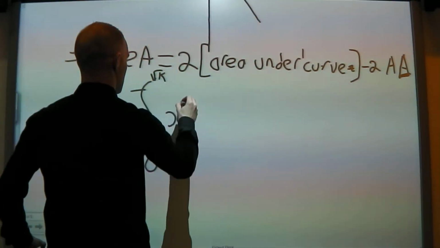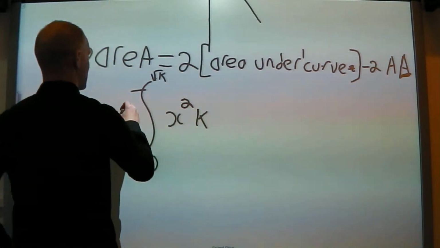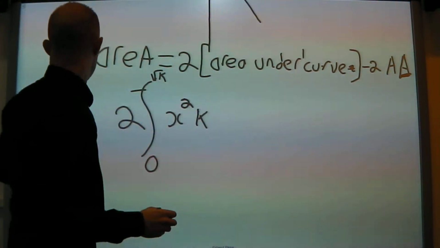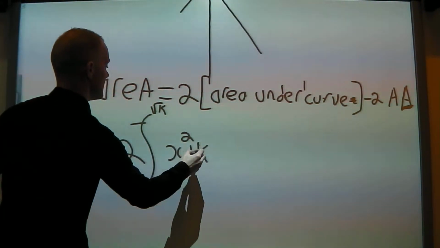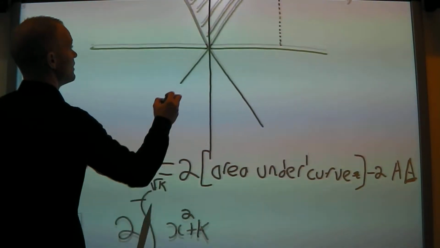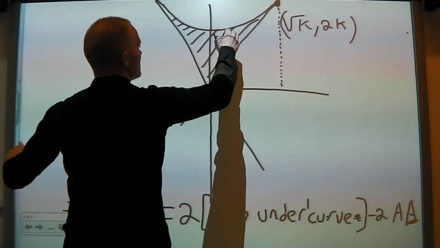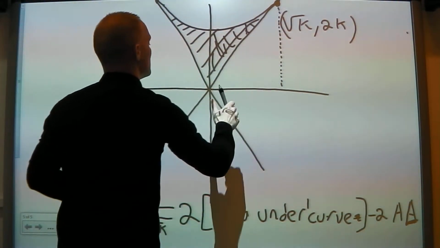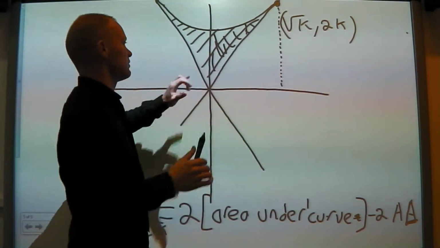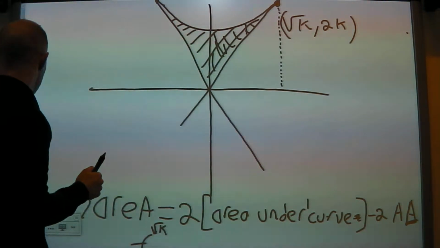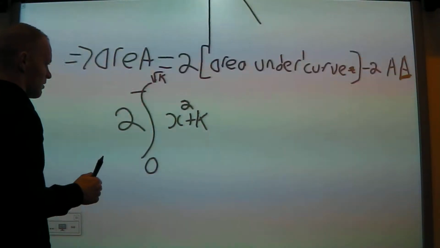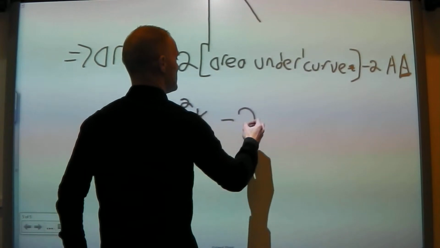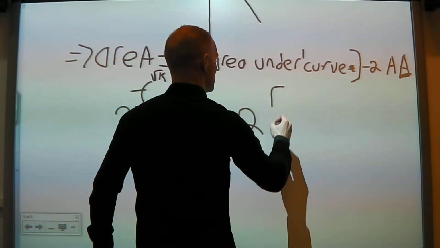So twice that: twice the integral of x squared plus k. Basically we're finding the integral of this shape here on the right hand side, and twice that is the area of all this underneath here. Then we have to subtract the area of the two triangles, which is going to be reasonably easy. Minus twice the area of triangle a.